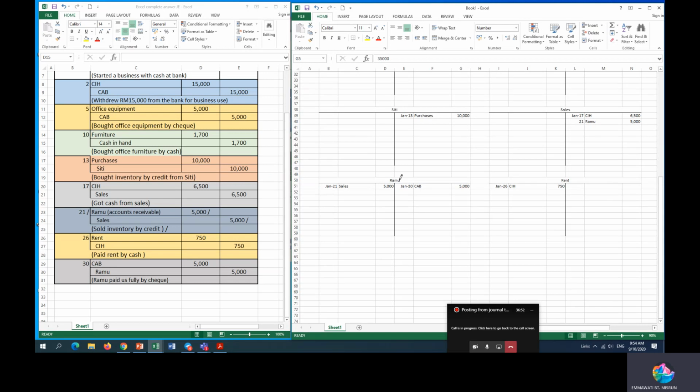You can see here we have 5,000 on the debit side and 5,000 on the credit side. So the balance is equal in Ramu's account. In this case, you don't have any balance C/D because the amounts are equal. So what you need to do is just close your account with no balance.